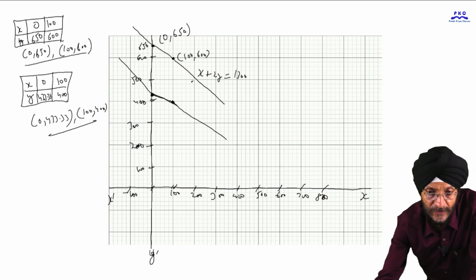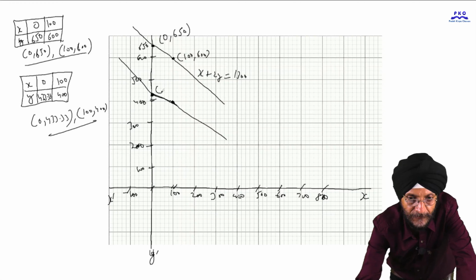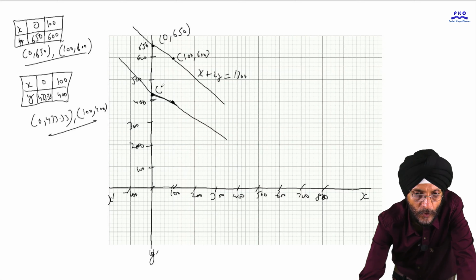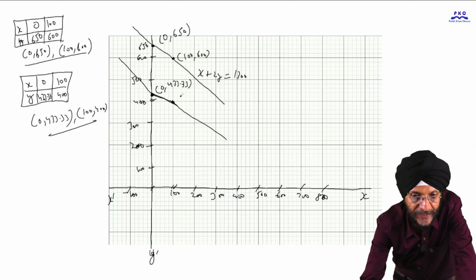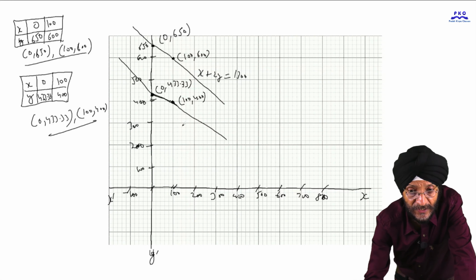This is the first point. This is the second point. You will also have to write here the solution on the basis of which this point was obtained. The solution here is value of x is 100, value of y is 400. And what is the equation?